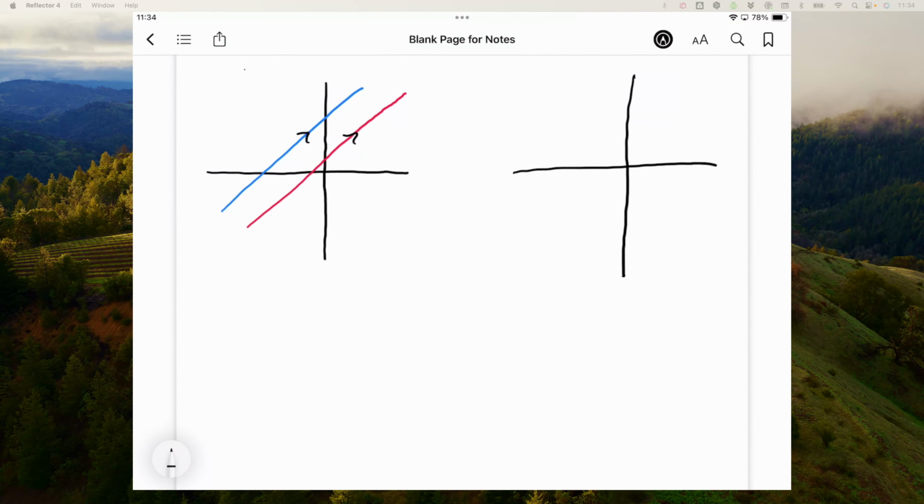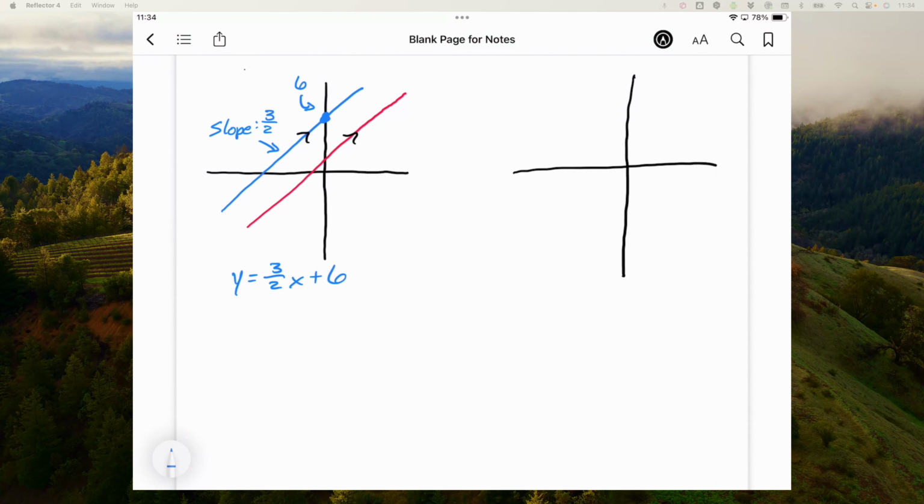And if you look at them, let's say that the blue line had the equation y equals 3 over 2x plus 6. We can see that the blue line is located higher than the red line, and so we're going to notice that that y-intercept right there is at 6, and that the slope of this line is 3 over 2.